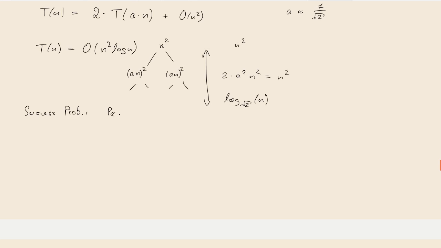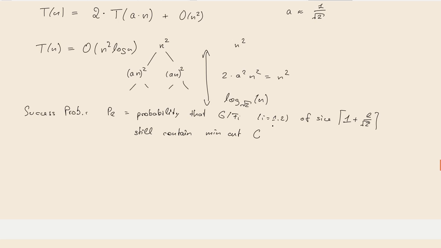We write PL for the probability that these graphs that we produce, the two graphs that we produce in one step of the recursive algorithm, if they have the current size, so if n is currently L, so the probability that they still contain the min cut that we have in mind.